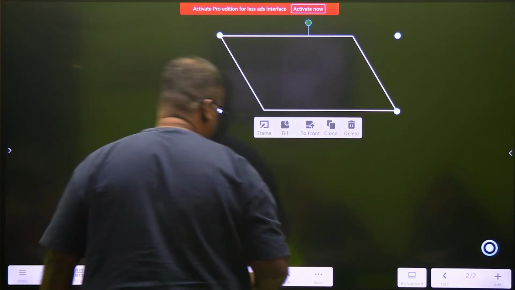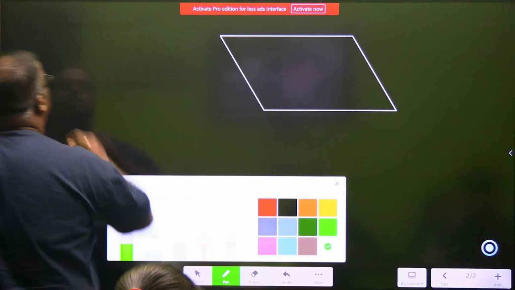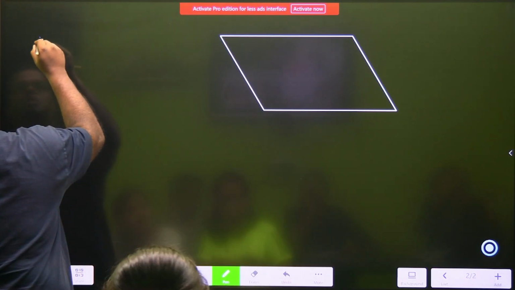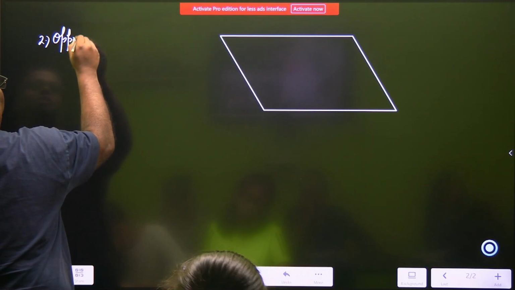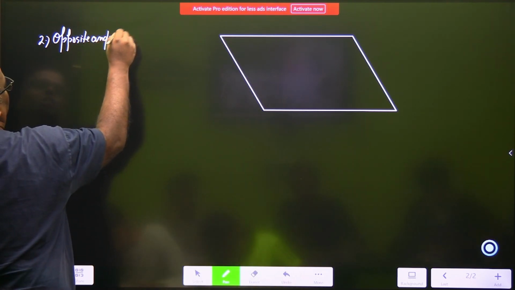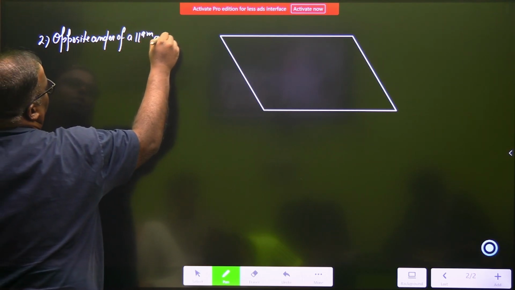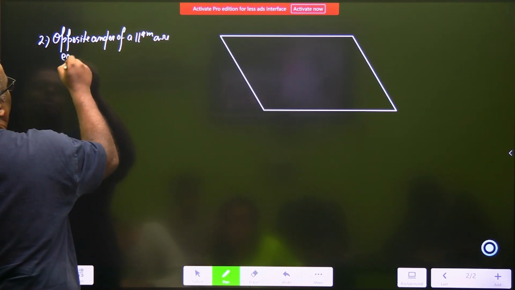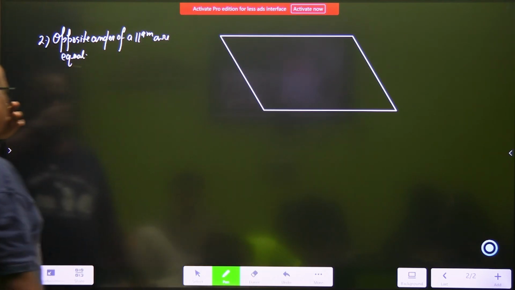The next one is: opposite angles of a parallelogram are equal. Opposite angles of a parallelogram are equal.